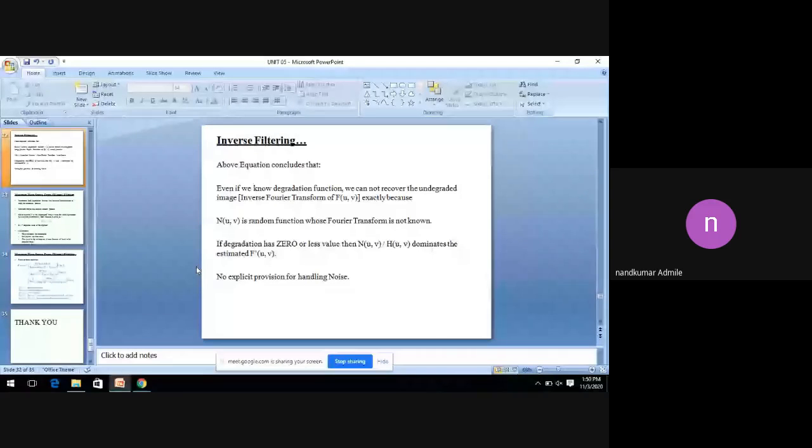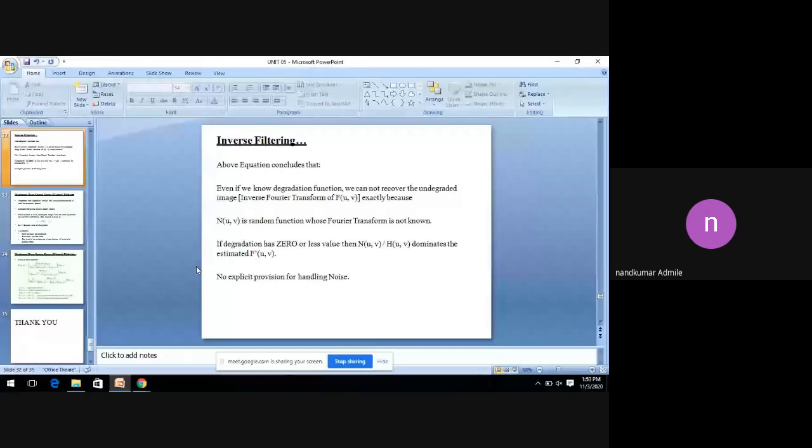In this way we can remove the maximum noise level from an image. So when we use inverse filtering and restore an image, some noise can be present with the image.